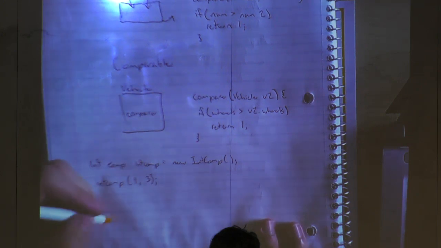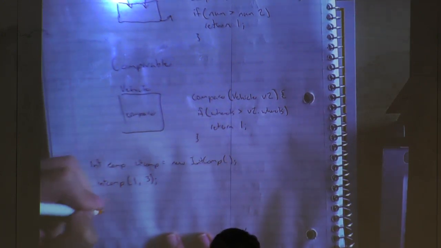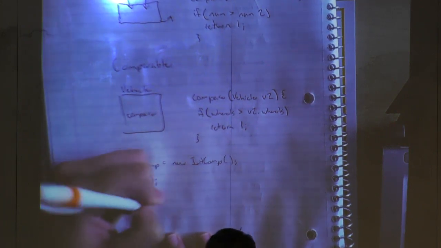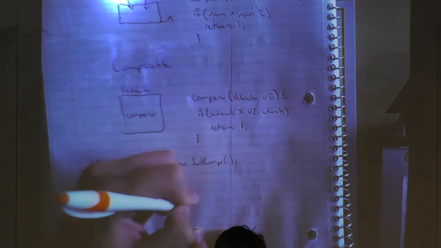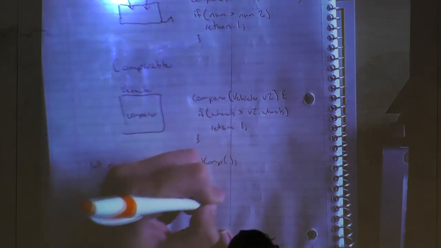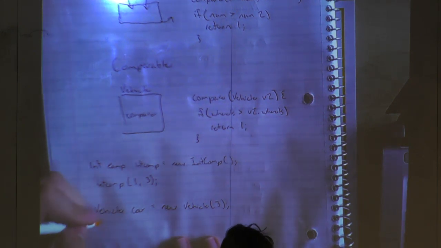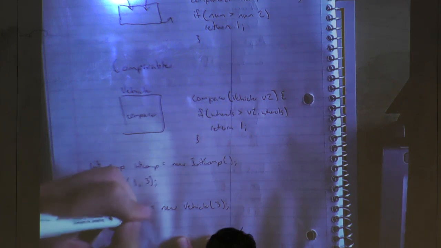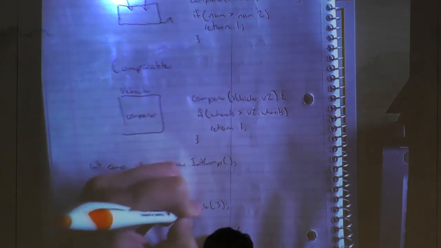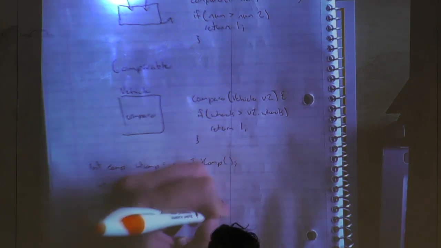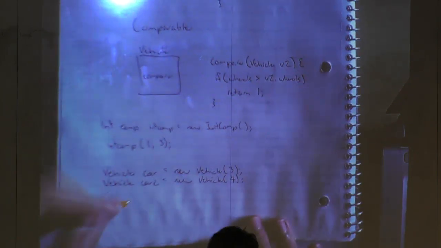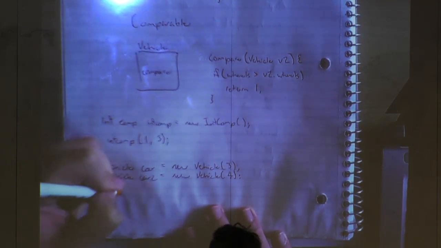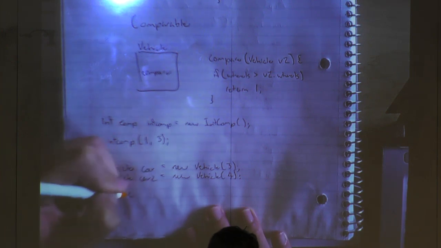Whereas a comparable, let's say you've made a vehicle and then you've made another vehicle. And you want to know which one has more wheels, then you use the compare method that is built into vehicle.